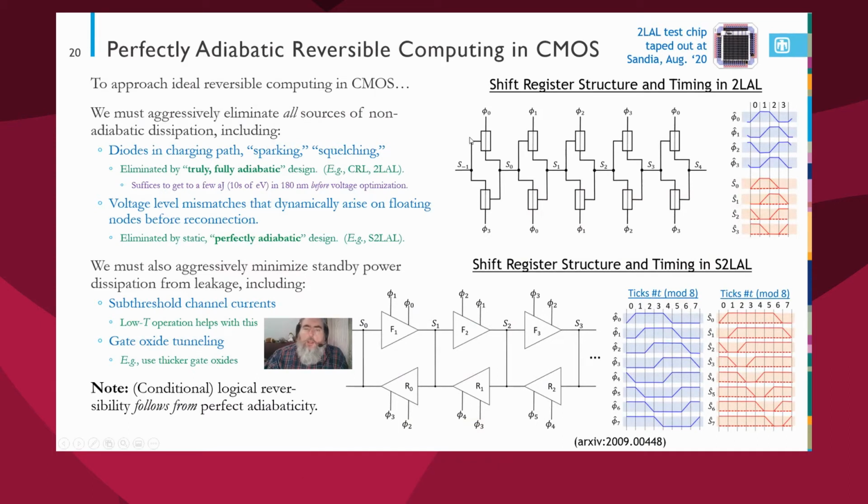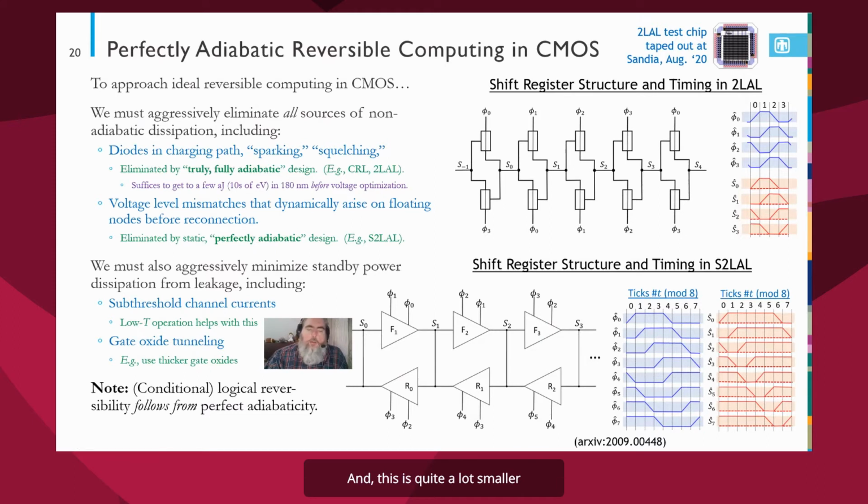And in our simulations, we found that in the 180 nanometer process at Sandia, we should be able to run this circuit with a dissipation of a few attojoules per transistor per clock cycle, and that's only tens of electron volts.